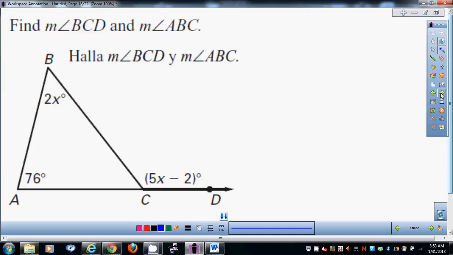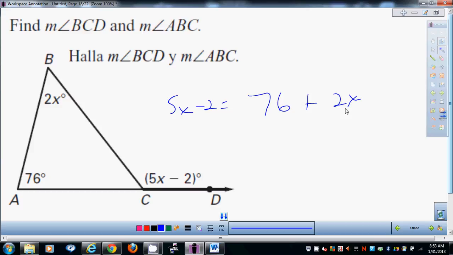It should equal the sum of the other two. But when you're given these two, you just set them equal. 5x minus 2 equals the sum. That was theorem 4.2. Theorem 4.2 said the exterior angle equals the sum of the other two.